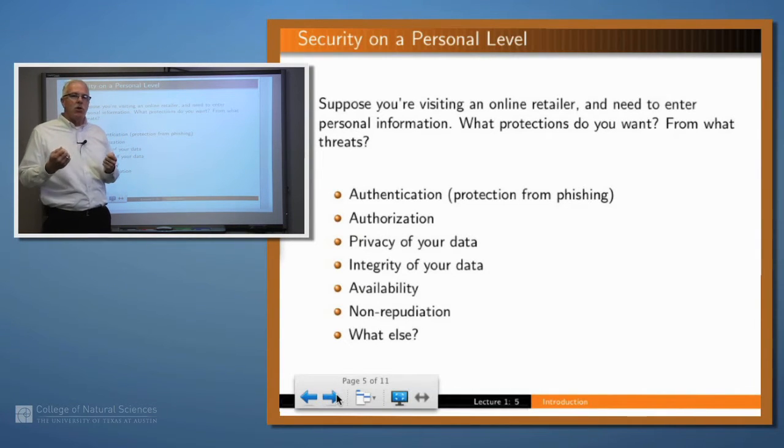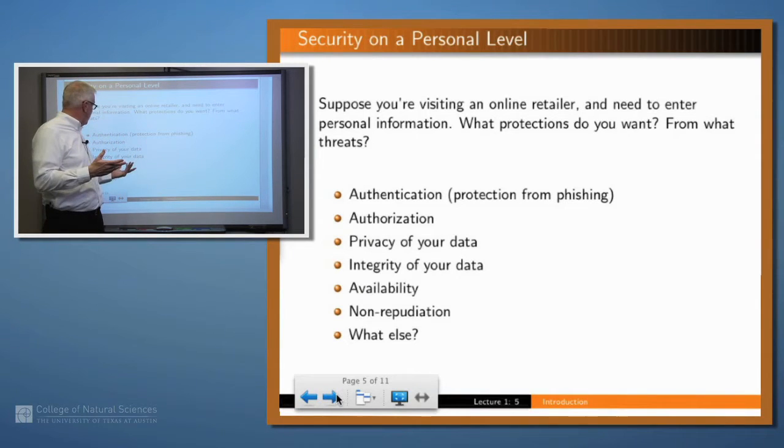What things do you want to have happen with respect to computer security? Of course, you want the transaction to be completed, and you want to be able to buy your book, and you want it to be sent to you.